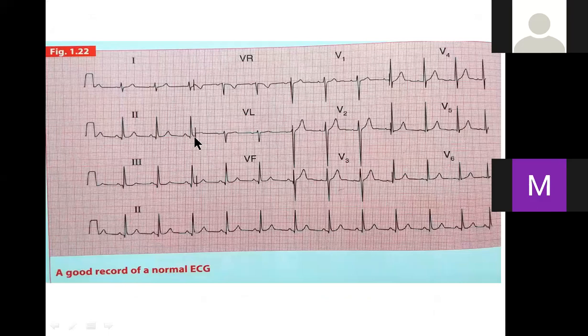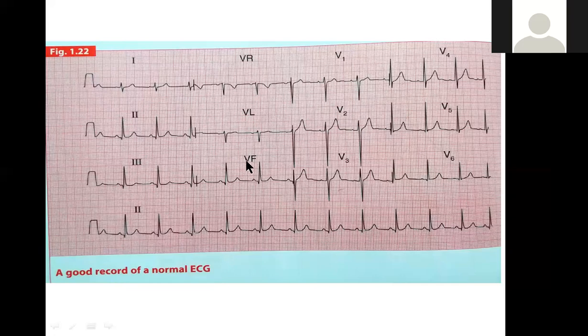We apply four limb electrodes and six chest electrodes, and the ECG machine gives us 12 leads ECG. AVR stands for augmented voltage right arm, AVL augmented voltage left arm, AVF augmented voltage foot. It is applied to the left foot.